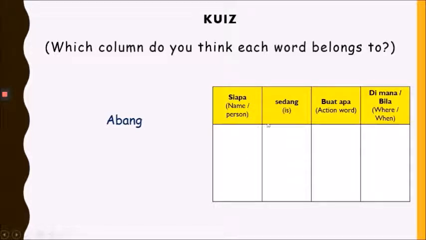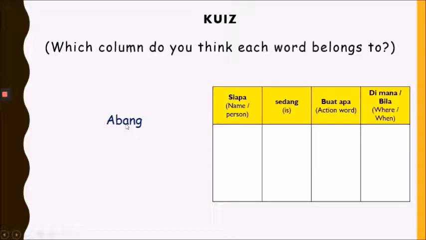If you think that abang belongs to column number 2, then for the word sedang, you put 2. If you think it belongs to buat apa, which means action word, then you put 3. And if you think it belongs to column number 4, then you show me your fingers 4.